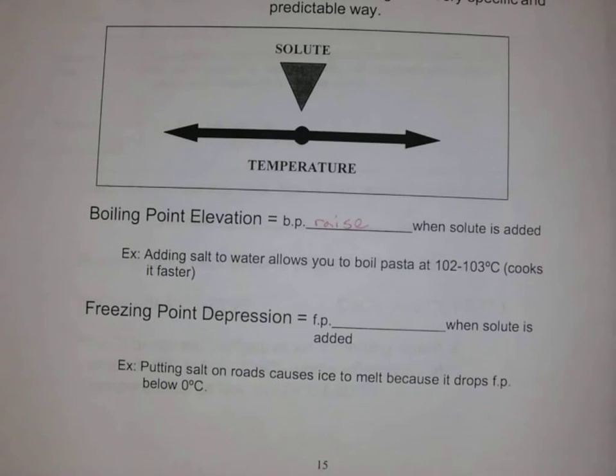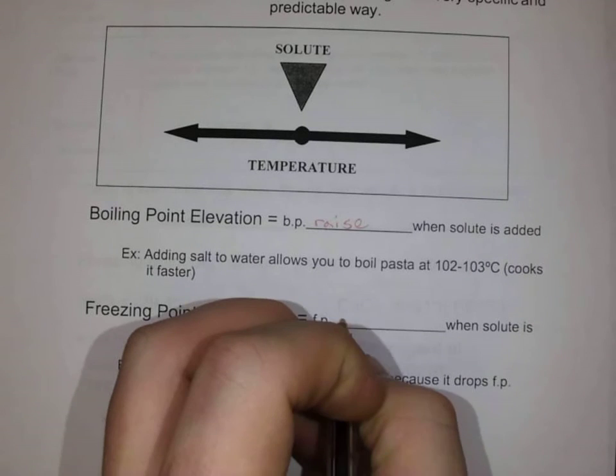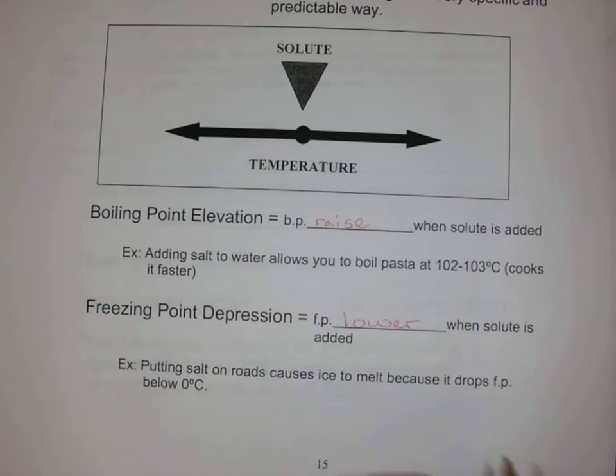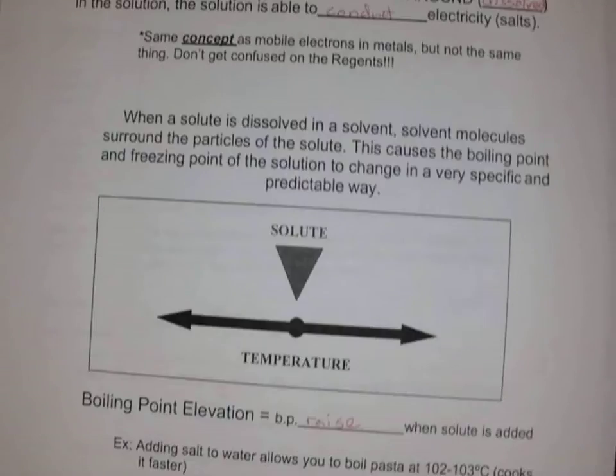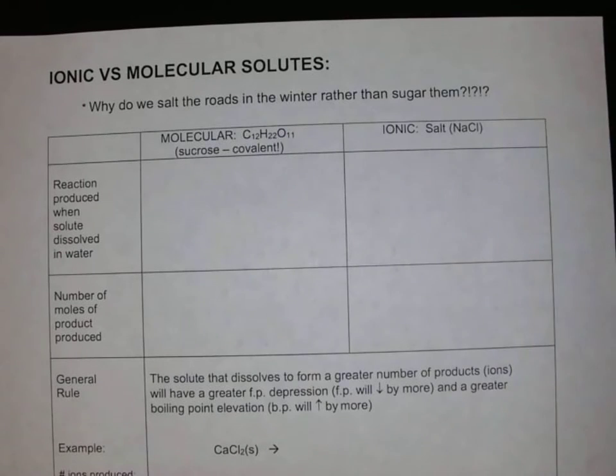If I can't cross my fingers as well, then it's not as easy to freeze. So our freezing point lowers when the solute is added. So they go from their normal boiling point and normal freezing point and either raise or lower if it is boiling or freezing. All right, let's look at the next sheet here.